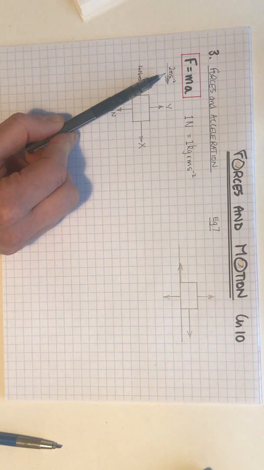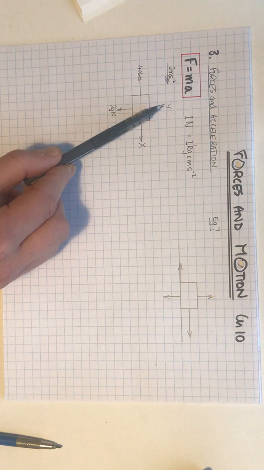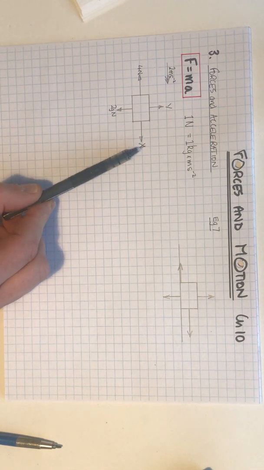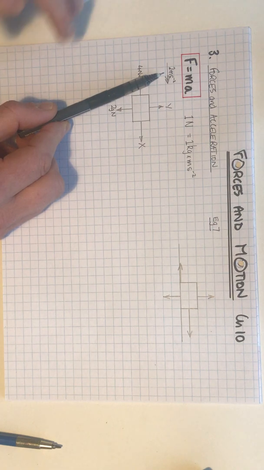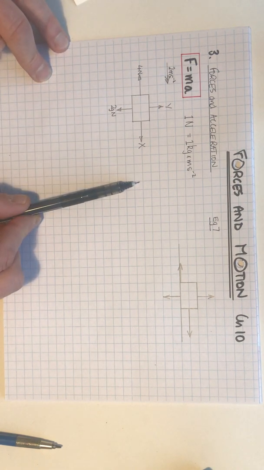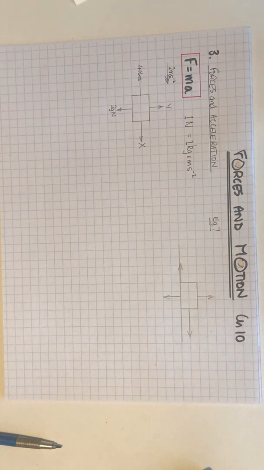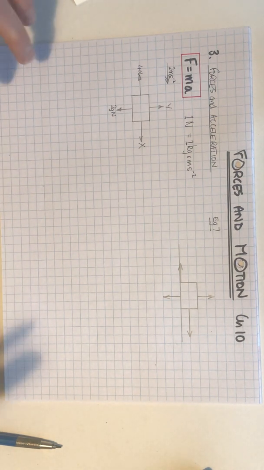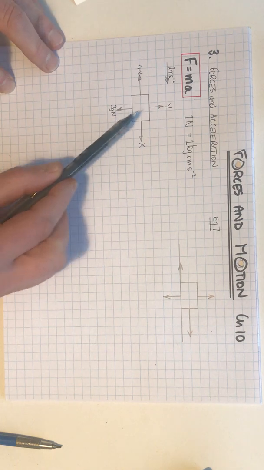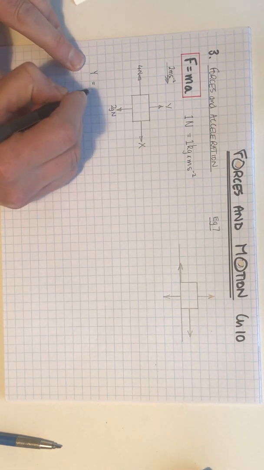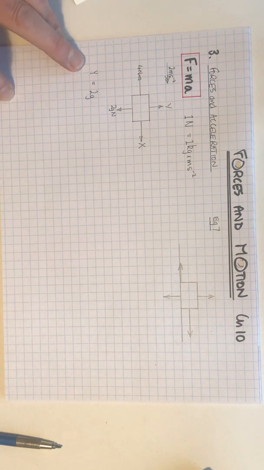And what we've got to find here is the magnitude of these two forces. Well, we're given that the object is moving to the right. So the resultant forces vertically are 0, which means that the force due to gravity must be the same as the normal reaction. So y has to equal 2g.